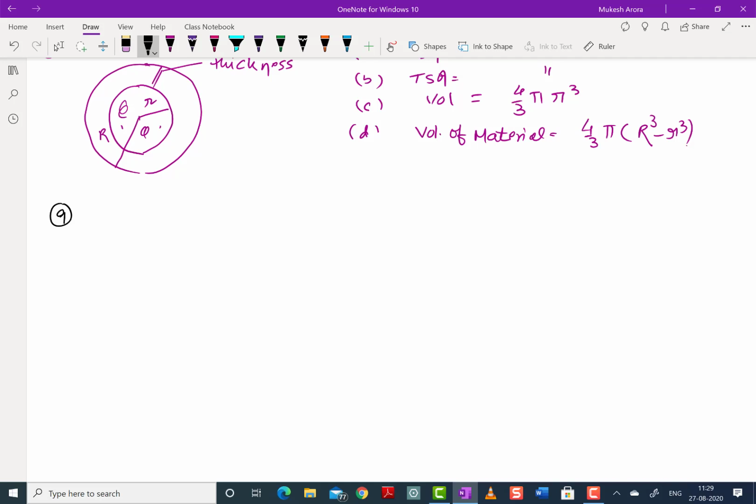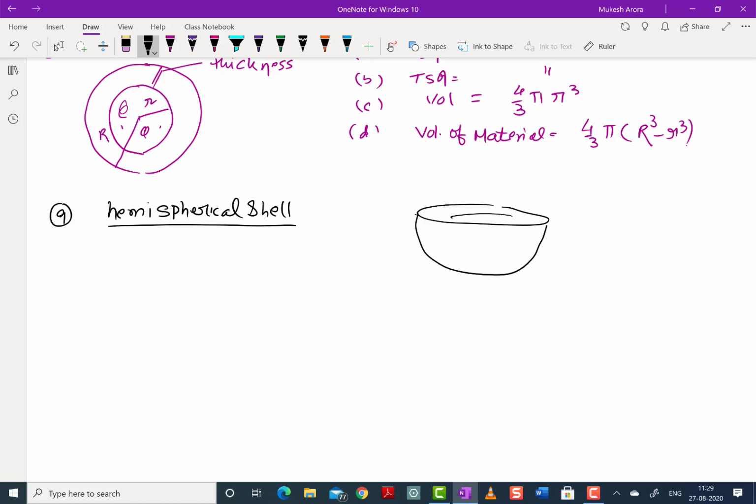Ninth is hemispherical shell. This is radius, this is capital radius, so the curved surface area is 2 pi R square plus 2 pi r square.